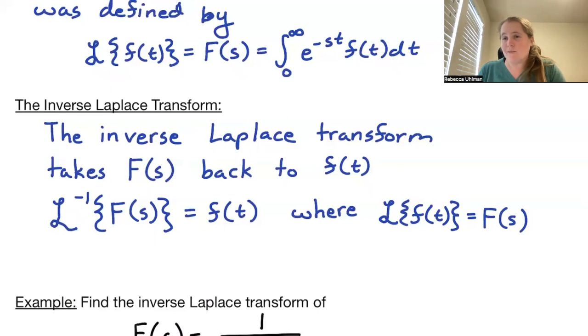It turns out that the inverse Laplace transform is an operator. We can do this as long as we recognize the capital F of s. So we will use the table to find the inverse Laplace transform.